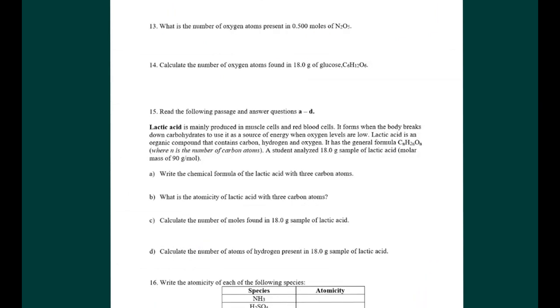What is the number of oxygen atoms present in 0.5 moles of N2O5? Let's write the formula first. Number of atoms equals N, which is the number of moles, times atomicity, the number of atoms in the molecule, times Avogadro's number.